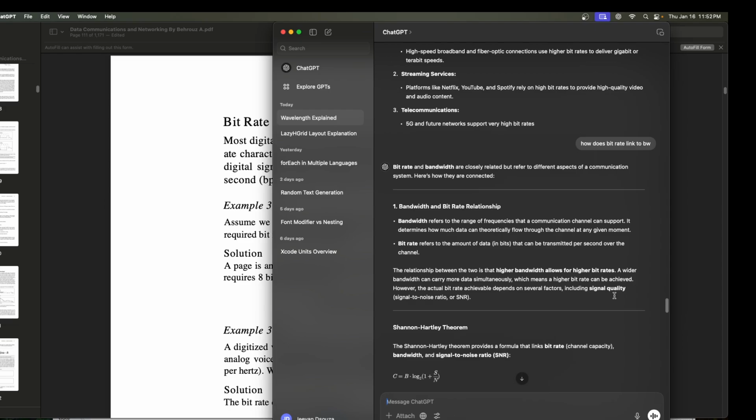Bitrate and bandwidth are closely related but relate to different aspects of communication. The bitrate is the amount of data that can be transmitted per second over the channel.